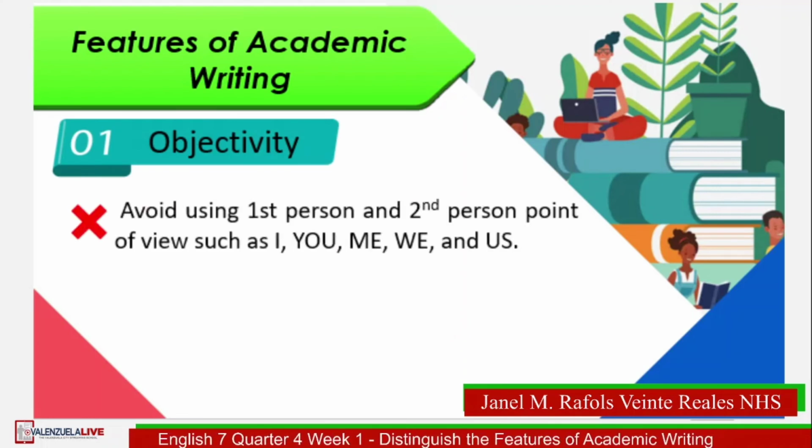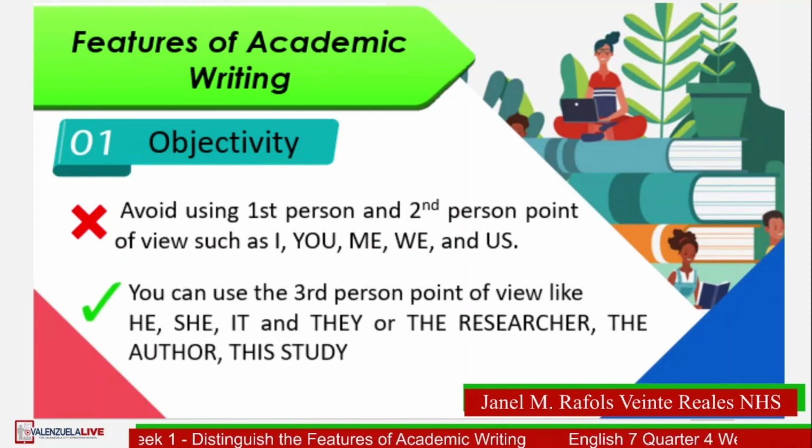Avoid using first-person and second-person point of view such as I, you, me, we, and us. Instead, use the third-person point of view like he, she, it, and they, or the researcher, author, or this study.